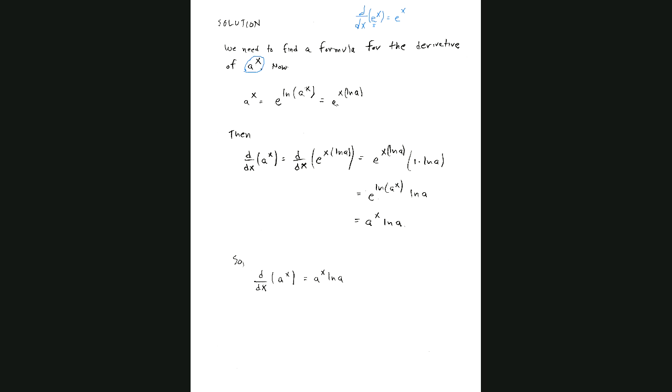Base a could be any number. Well, I have to be a little bit careful here. I want to say one thing: we are assuming that a is greater than 0.